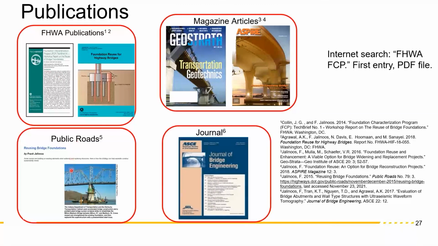There was a magazine article in Public Roads, which is our magazine. We put an article in Geostrata and Aspire, which is a structural article, and a number of journal articles, about 5 on all aspects, quite a bit on load rating of superstructure, substructure, combined load rating, and all that. If that fancies your interest, this is all listed in this page. You can access those.